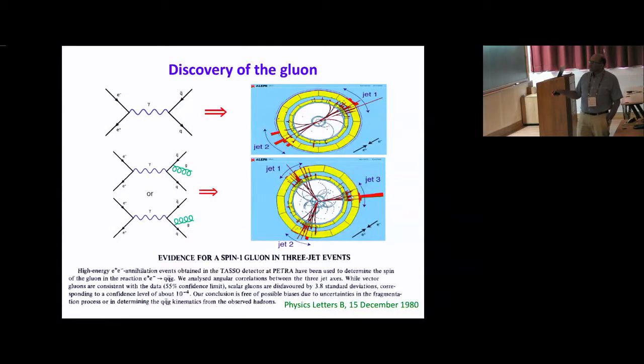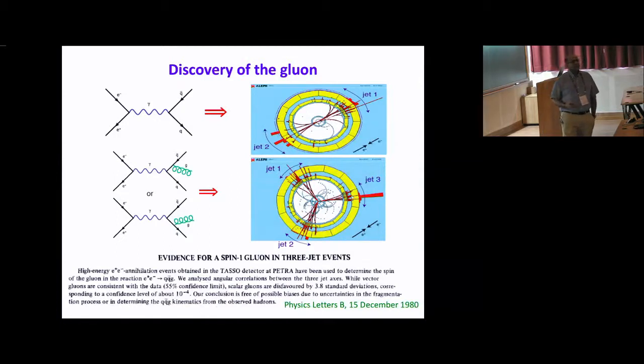And this is specifically in the TASSO detector, where they discovered 2 and 3 jet events, and the 3 jet events were the ones that really gave unambiguous evidence for the existence of gluons.